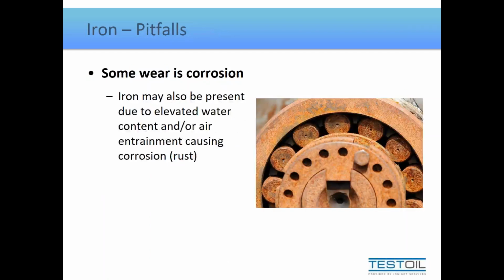A pitfall I like to point out with looking at iron is that iron might not always be attributed to a wear mechanism in terms of physical, abrasive, or adhesive type wear. It might be more of a chemical wear, which would be corrosion.